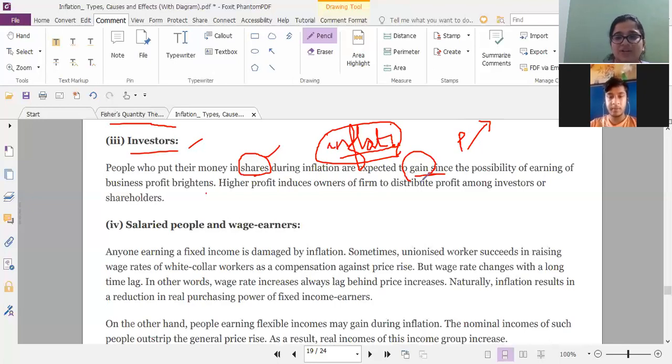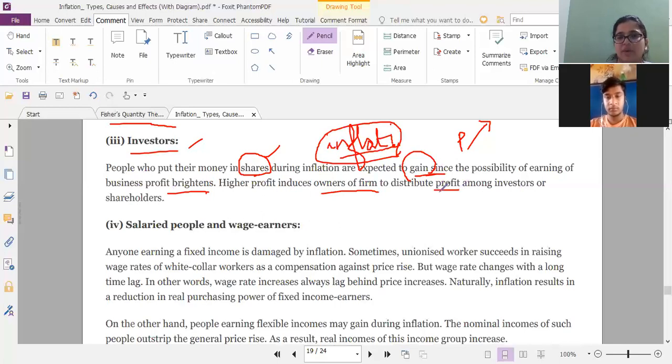Okay, ma'am. So during this time, if prices are rising, then the people who are investing in the share market will gain since the possibility of earning business profit brightens. Higher profit induces owners of firms to distribute profit among investors or shareholders. So if the profit of the business is increasing, the owners of the firm distribute the profit, right?